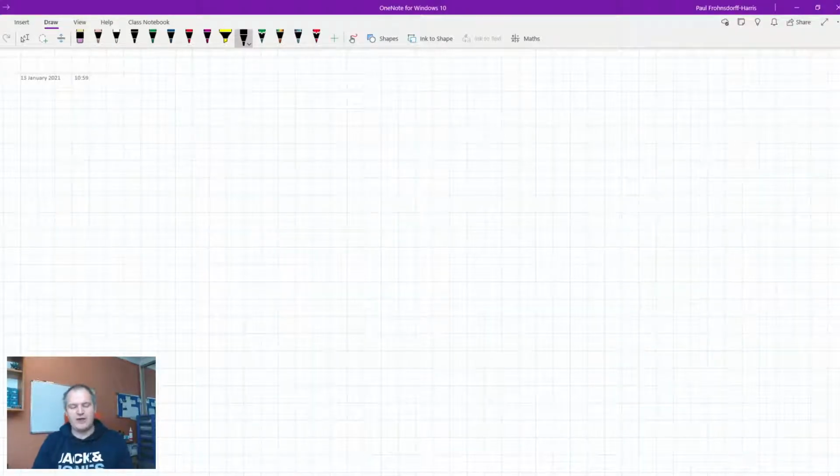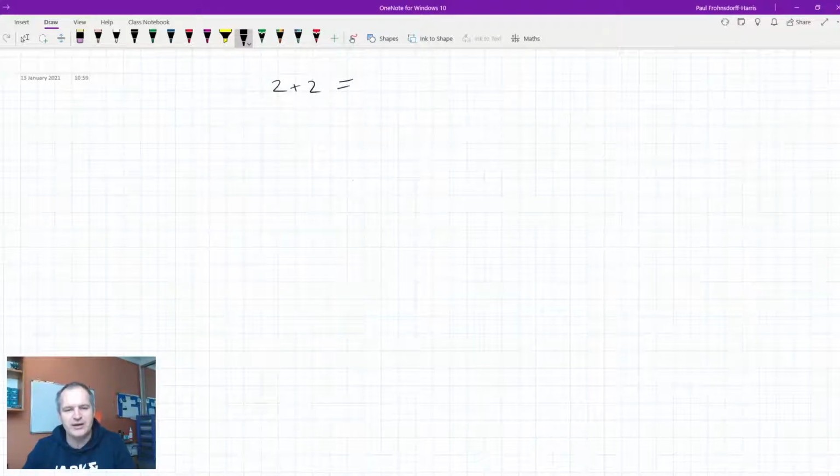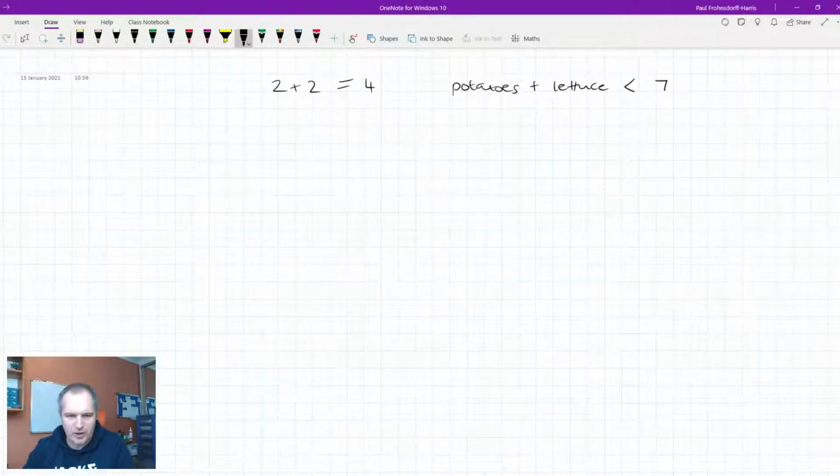Now, in maths, we write this as follows. Instead of equalities, for example, we could say an equality would be that 2 and 2 is equal to 4. We know that. But if I knew that my potatoes added to my lettuce was less than 7, but I didn't know exactly what it was, I would write it like that, as an inequality.